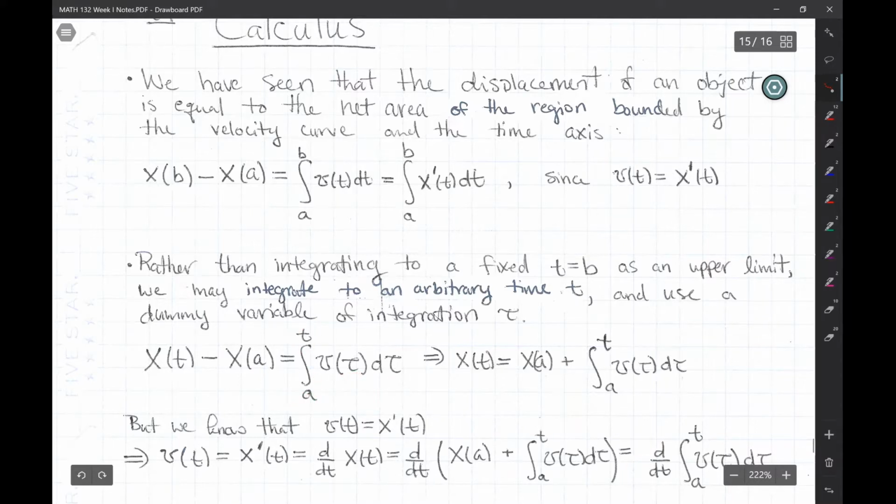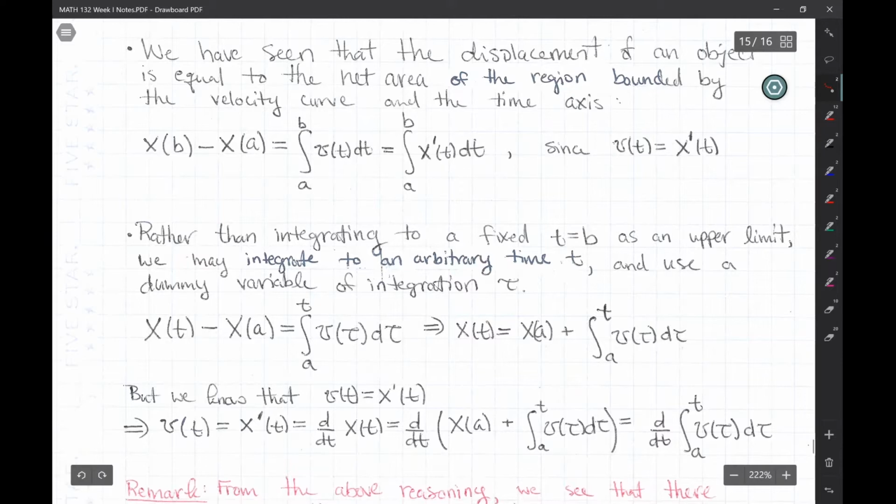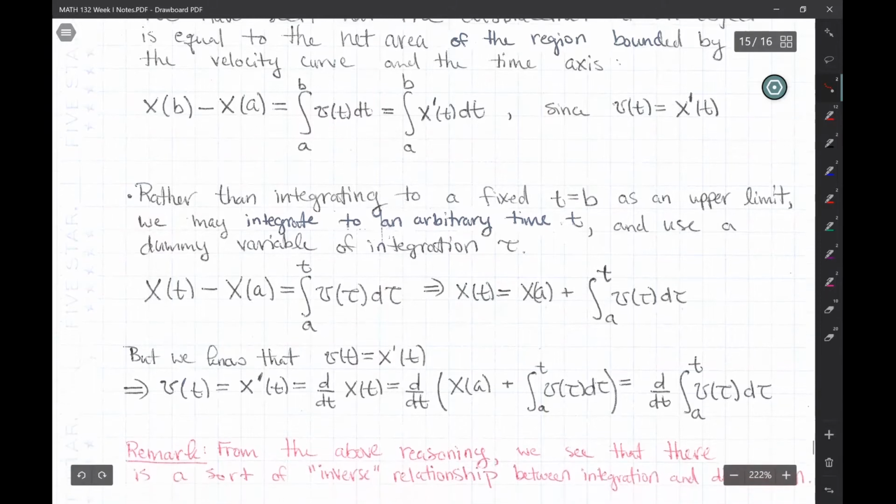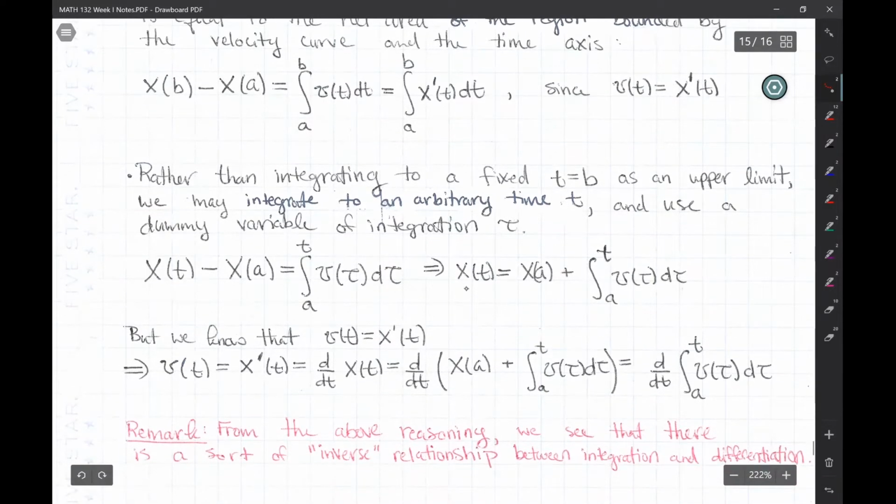Okay? Well, we could rewrite this and solve for x of t, the position at time t, and, well, the velocity is the derivative of position, so let's take the derivative of this.